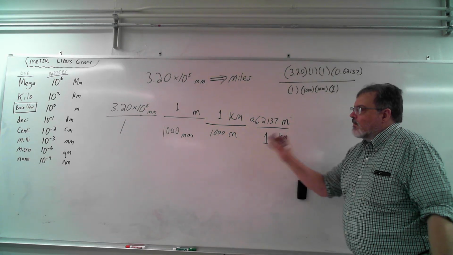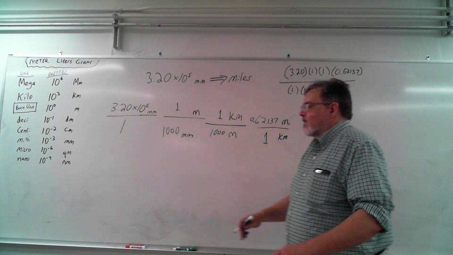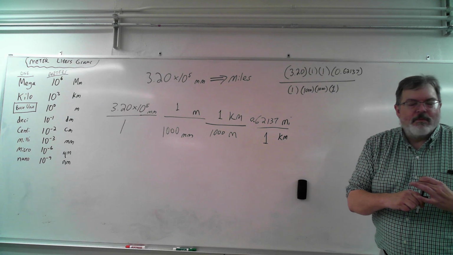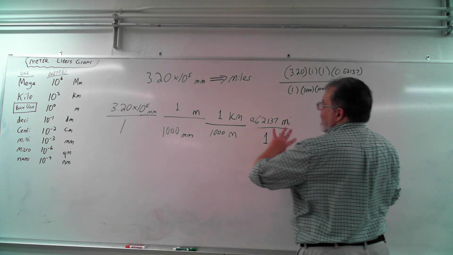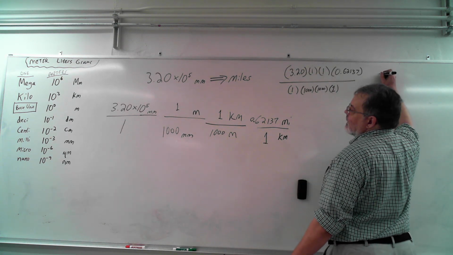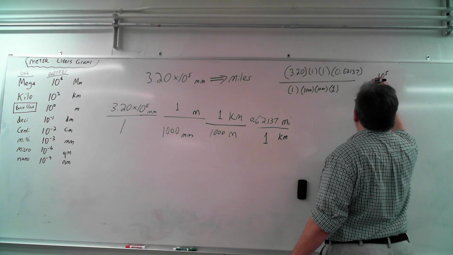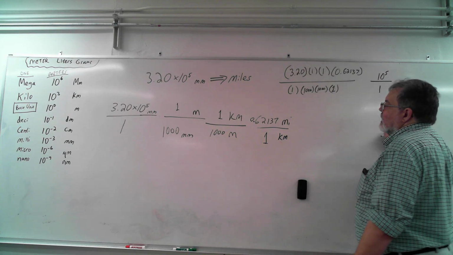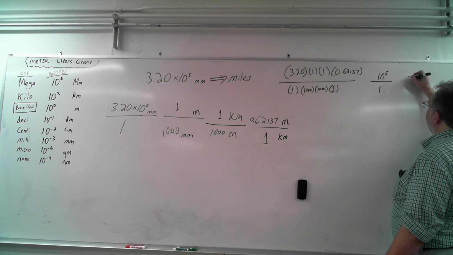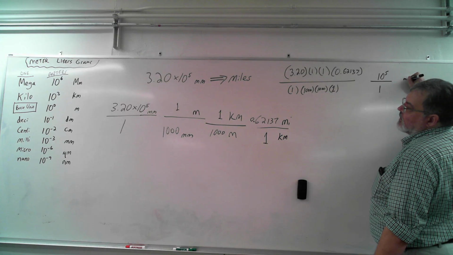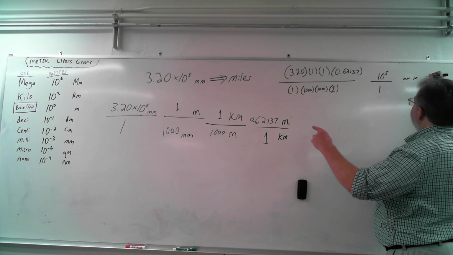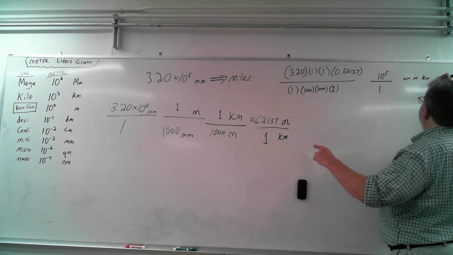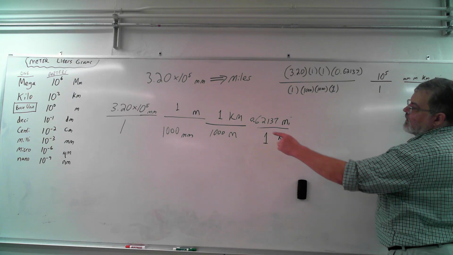So all the numerical values, next I'm going to do the powers of 10, which really are numerical values, but I'm going to call those powers of 10. I only have one power of 10 anywhere, it's up here. Just put a 1 there. And now I'll get all my units. Millimeters, meters, kilometers, miles.